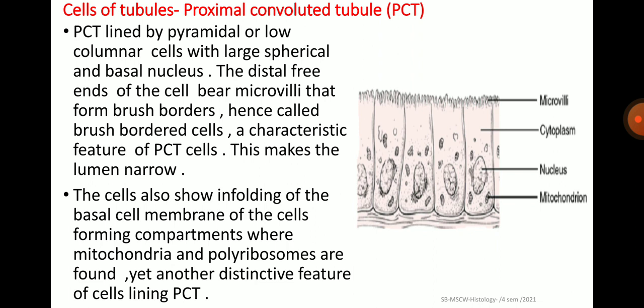This convoluted tube-like structure is lined by pyramidal or low columnar or cuboidal cells with a large spherical nucleus, and these actively reabsorb substances from the filtrate and also play a role in secreting substances into it.